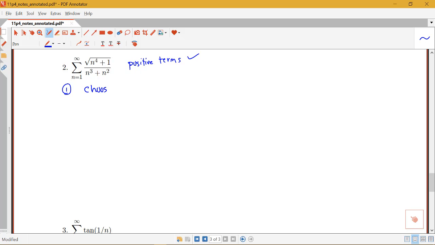So we know our first step is to choose the comparison series. So we're going to choose our sum of bn. And in this case here, I'm going to sort of ignore the 1 when I'm thinking about picking my comparison series here and say that the numerator here is essentially like n squared.